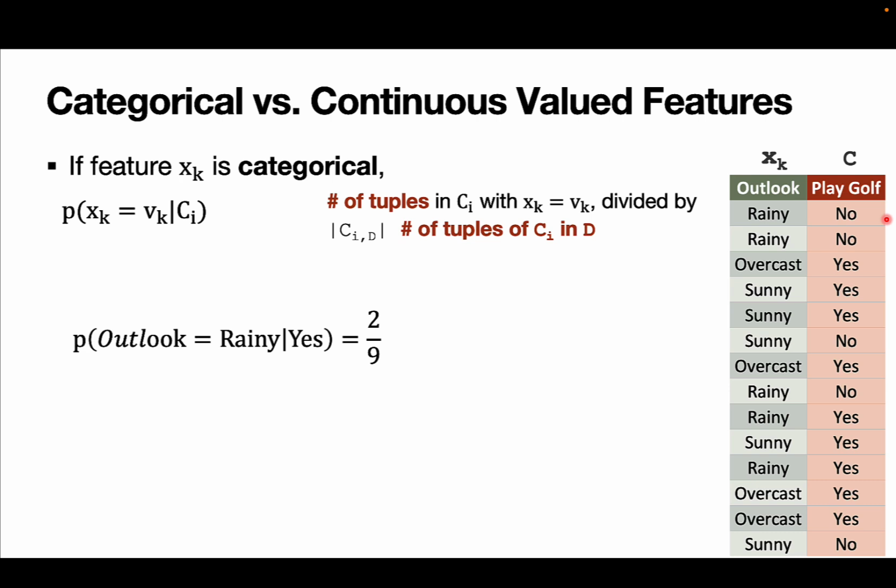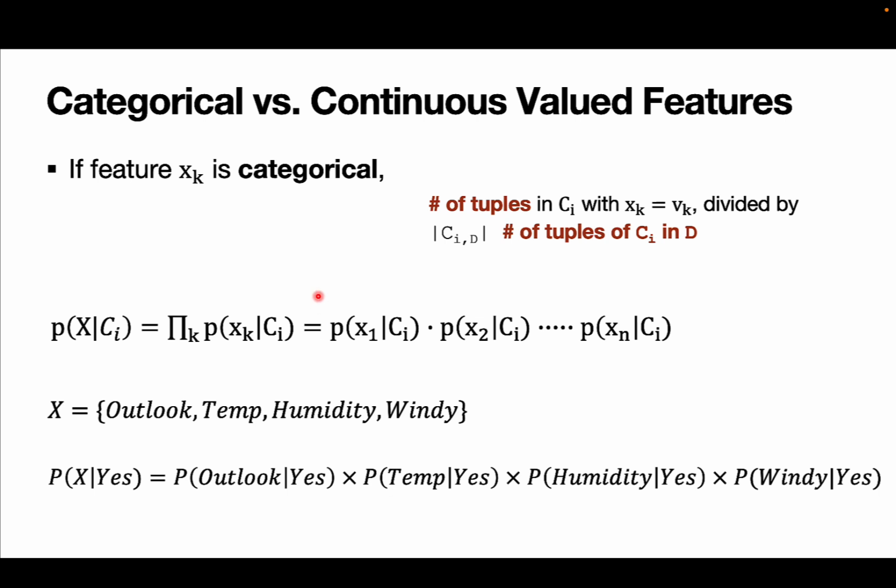There are 9 yeses, and out of those 9 yeses, there are 2 rainy with a yes, and this is how we end up with 2/9. To compute the probability of the example given the class, we then have to multiply these individual probabilities.